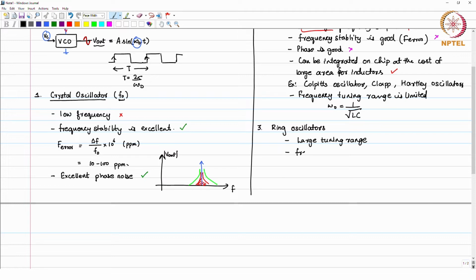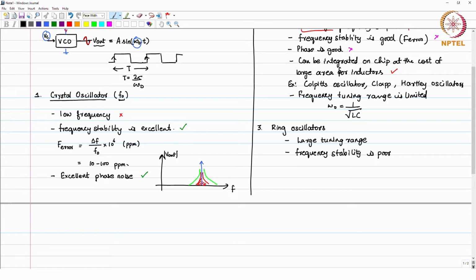Frequency stability is poor, which is like you cannot use the ring oscillator standalone without keeping it in the phase lock loop, because the frequency will vary depending on process, voltage and temperature. Okay.